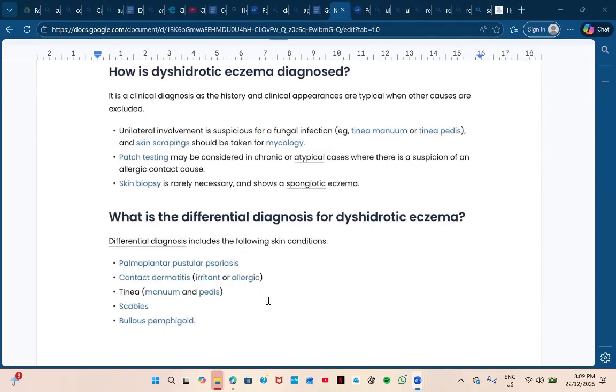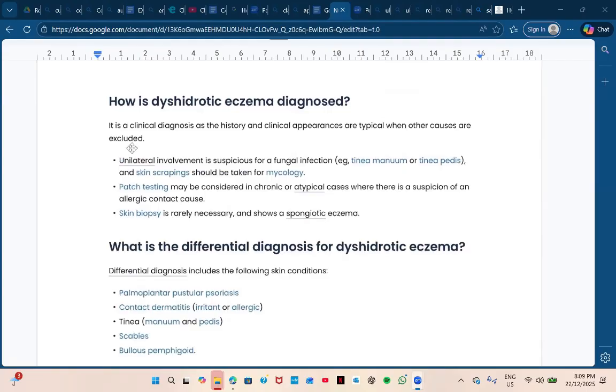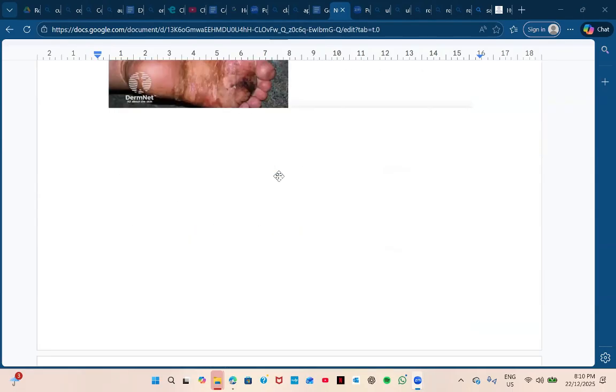So, how is pompholyx diagnosed? This is a clinical diagnosis from the history and clinical appearance. And we have to exclude other things as well. Herpetic whitlow is also kind of the same. What is the other thing we have to exclude? What is the same kind of thing? What do you think?